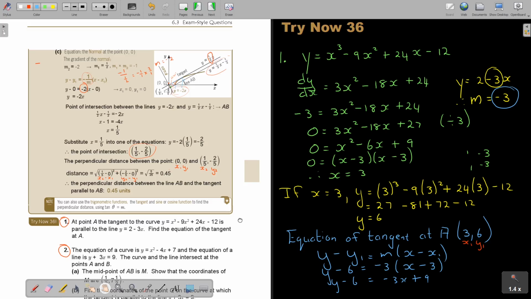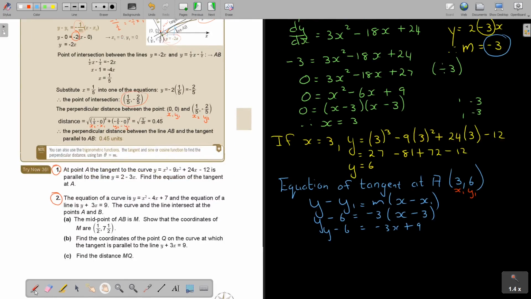Let's move it up, so y is equal to negative 3x plus 15. And that is the equation of the tangent at A.